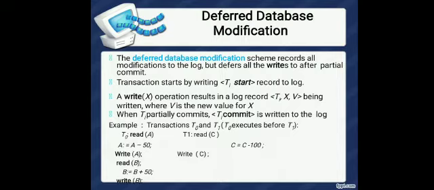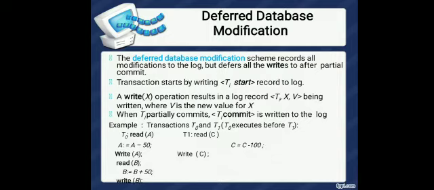So in the transaction, first read of A, A equals A minus 50, write of A, read of B, B equals B plus 50, write of B.